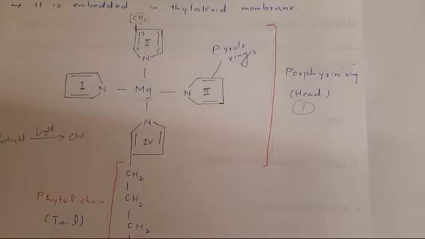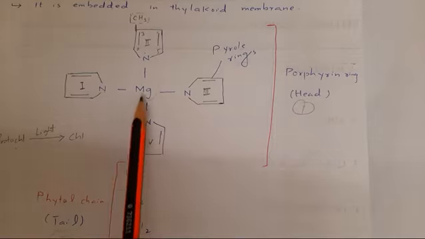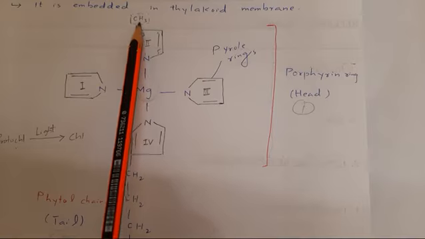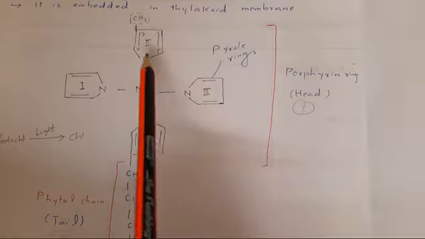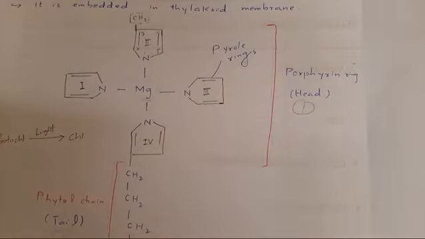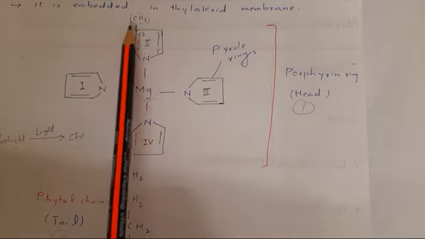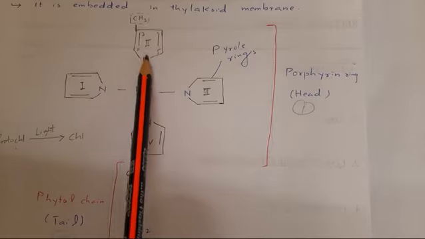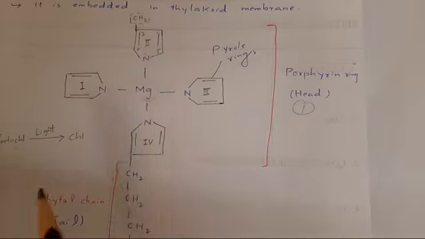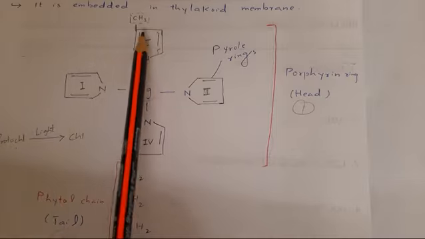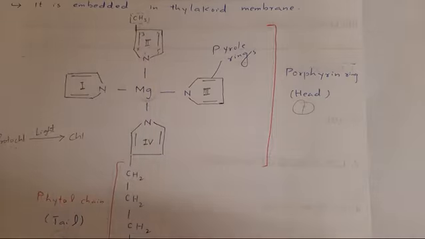Now if you look at this diagram, let's suppose it is the structure of chlorophyll A. Chlorophyll A has a methyl group, CH3, attached to carbon number 3 of pyrrole ring 2, and in the case of chlorophyll B, the methyl group is replaced by an aldehyde group.